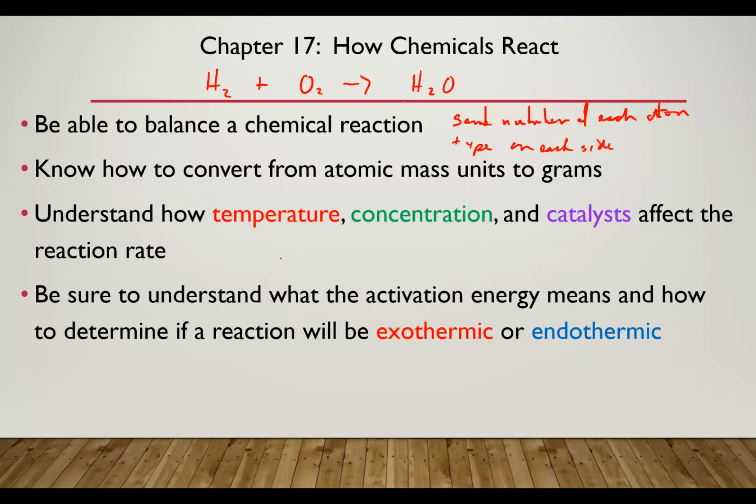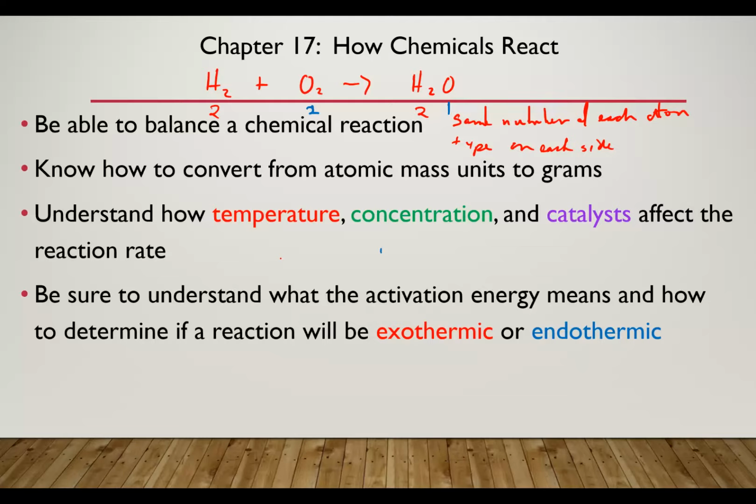That's not balanced. If you look at this, there are 2 hydrogens, 2 oxygens on one side. On the other side, there's 2 hydrogens and 1 oxygen. I should use some color coding. Two and 1, I did that backward. So the blues, the oxygens don't match.